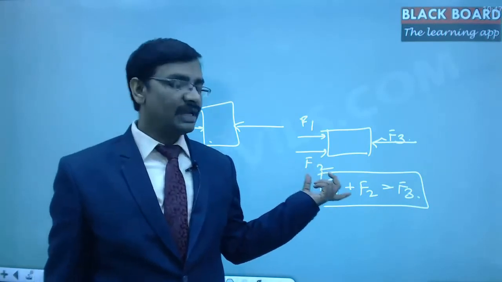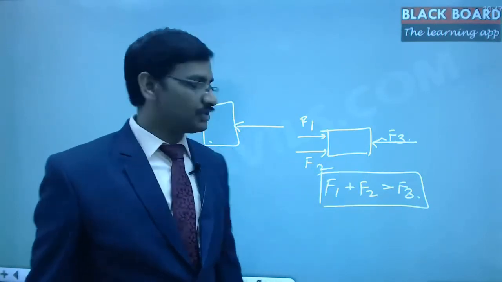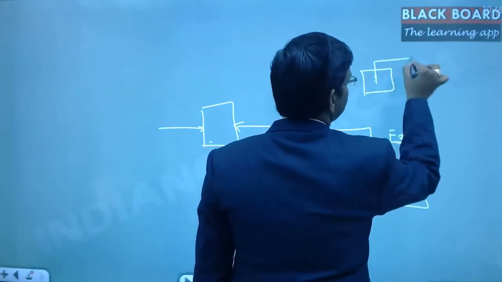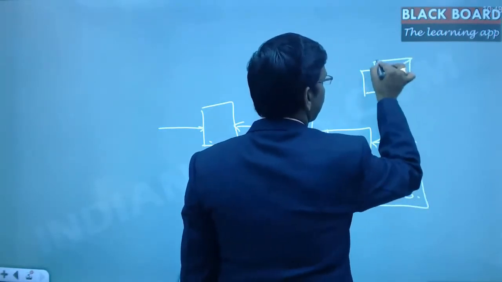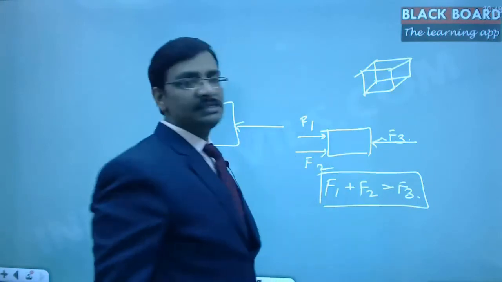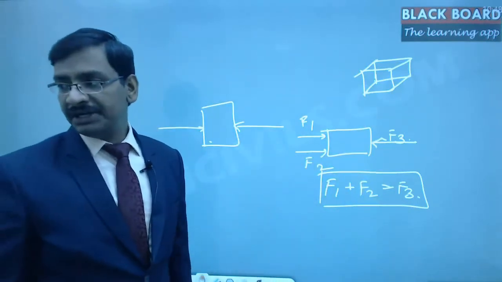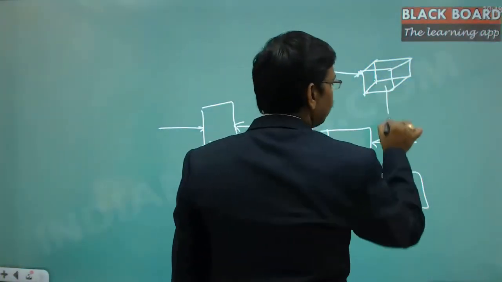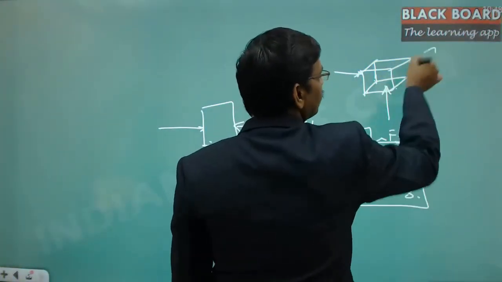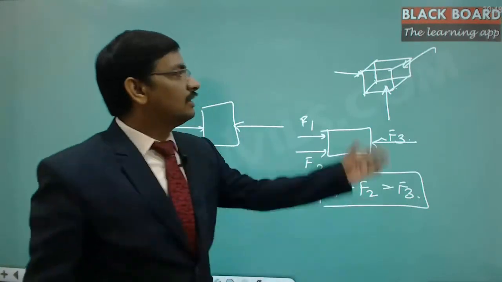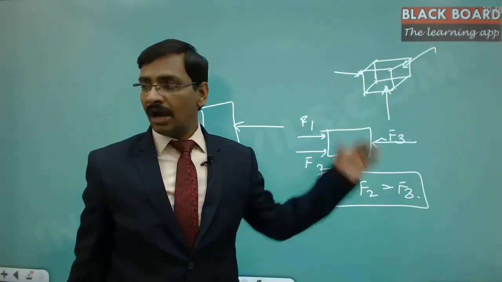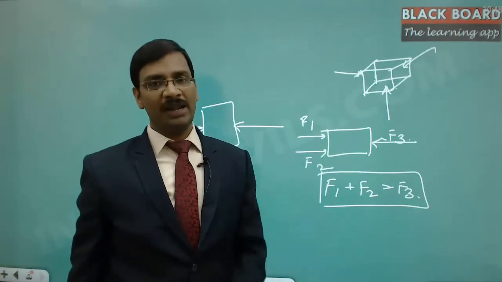And then the next one is the three-dimensional forces. Suppose this is the block, a 3D shape. If there is a force acting on this, a force acting on this, and a force acting on this, then three different forces in three different directions are acting on it, and these three forces are not coplanar forces.